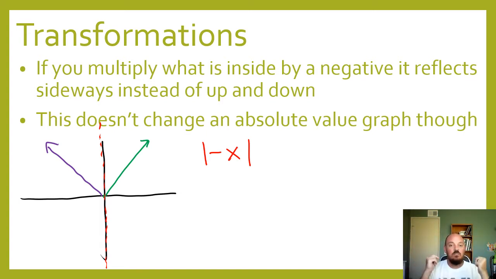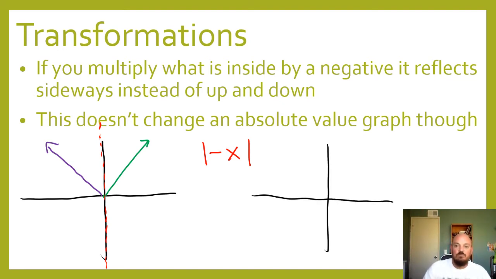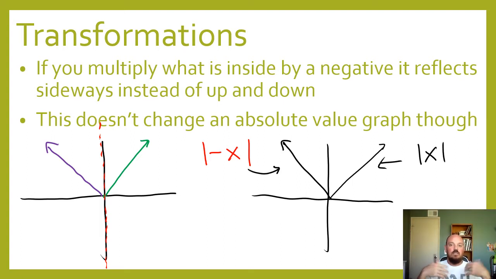They just switch spots. So if you take the colors out of the picture and just draw the graph, this graph right here is both absolute value of x and absolute value of negative x. It's the same graph, because when you do that reflection, it takes the two parts of your V and just flips them, but it still ends up being the exact same graph.